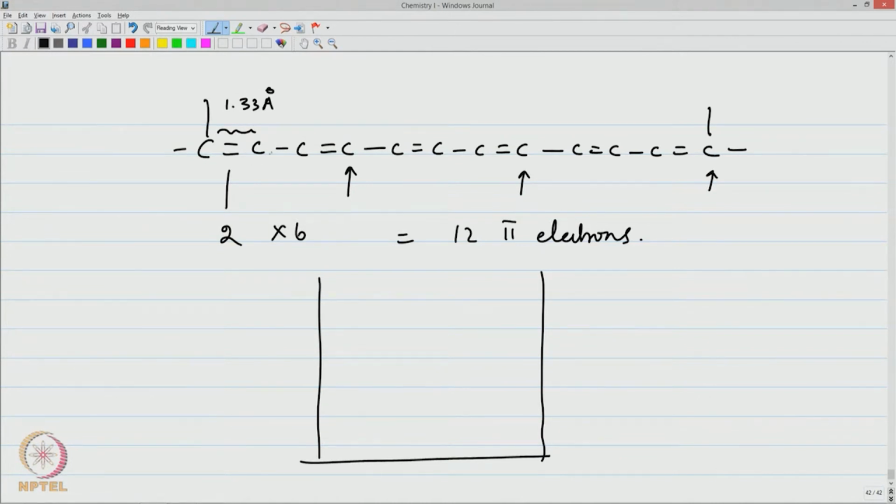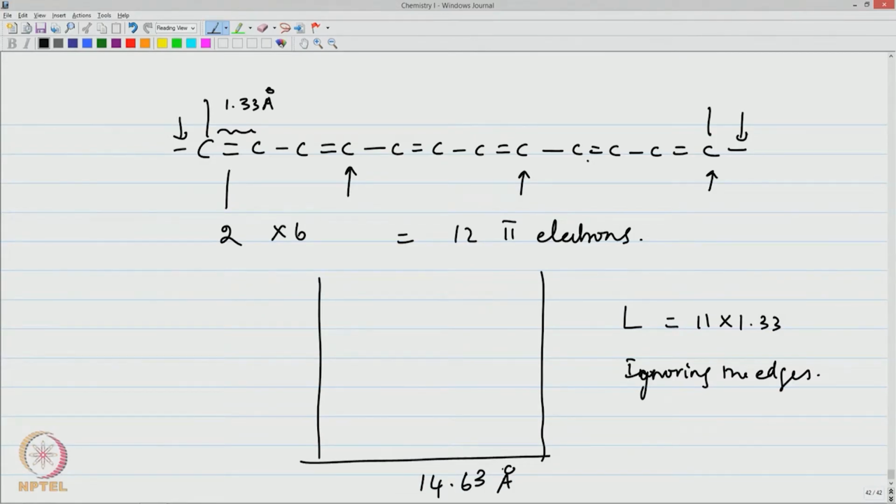So, there are 1, 2, 3, 4, 5, 6, 7, 8, 9, 10, 11 bond lengths. Therefore, the length of the box is 11 times 1.33, ignoring the edges. So, L is 14.63 angstroms. This is the length of the box.